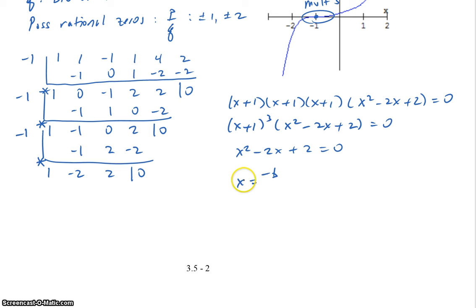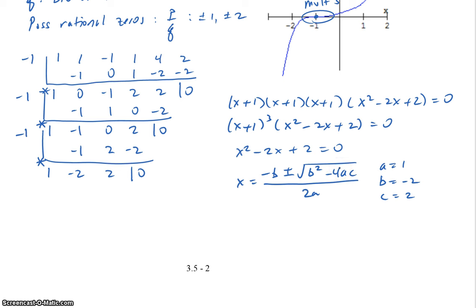It's minus b plus or minus square root of b squared minus 4ac, over 2a. Here we have a equal to 1, b equal to -2, c equal to 2.